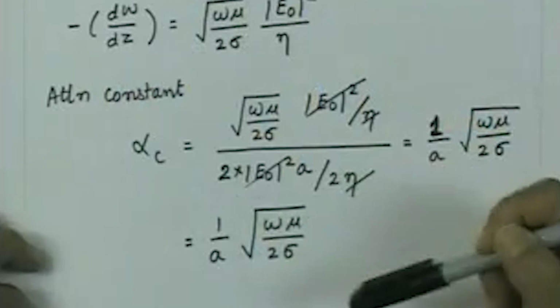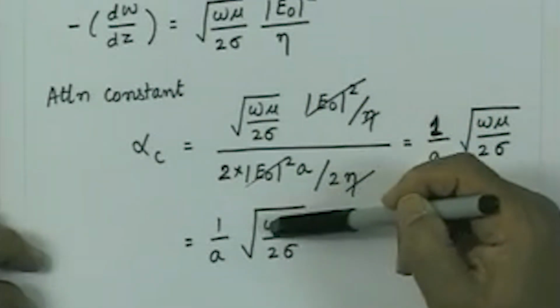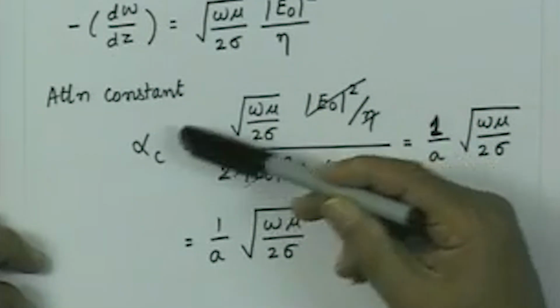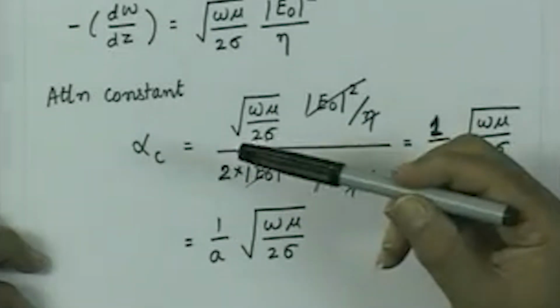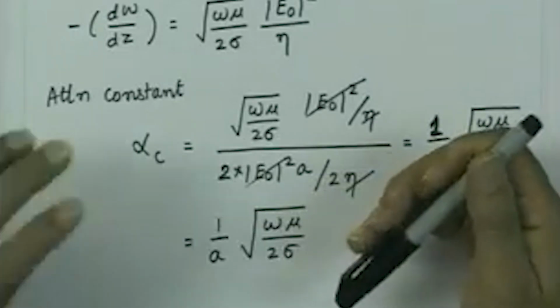But the important thing to note from this expression is that the attenuation constant is a function of frequency. So as the frequency increases, as omega increases, the attenuation constant increases. That is the reason if you take any guiding structure like a coaxial cable or parallel plane line or anything, as you go to higher and higher frequency, the signals have more attenuation, because the attenuation constant is a function of frequency.